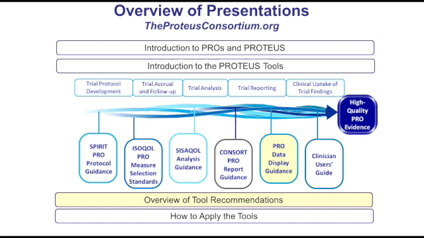This is one of a series of presentations about Proteus and the tools and resources available to optimize the use of PROs in clinical trials. The Proteus Consortium aims to achieve this optimization by promoting best practices across the continuum of the clinical trial lifecycle, including optimizing the trial protocol with respect to its PROs, selecting the appropriate PRO measure or measures, conducting statistical analyses that are appropriate for the trial PRO-specific objectives, reporting the trial results appropriately, and communicating the results for use in clinical practice.